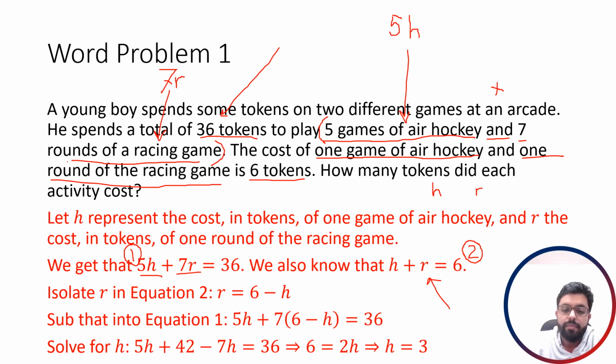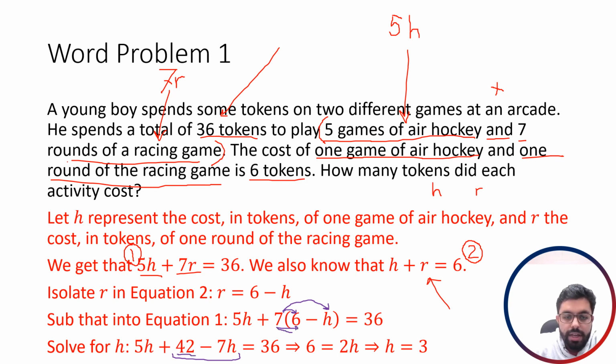in the brackets. And if you remember the distributive property that we talked about, 7 times 6 minus H, you're going to do 7 times 6 separately. You're going to do 7 times H separately, and then you're going to leave that minus sign in between. So that's what we get down here when we're solving for H. 7 times 6, this bit right here, 7 times 6 is 42, that's this.